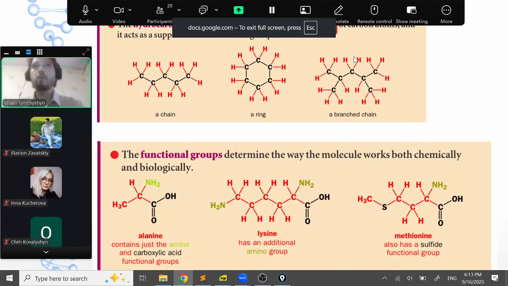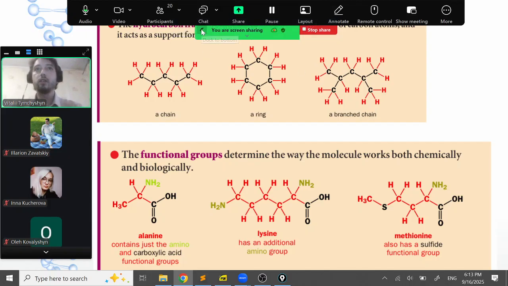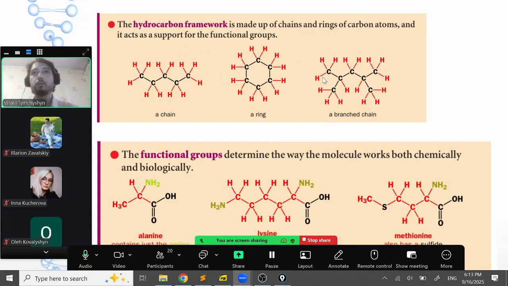Here is probably some standard view of some different structures, and these pictures are probably closest to the pictures that you have drawn at school. You see there is some sort of hydrocarbon framework, because it's organic chemistry.